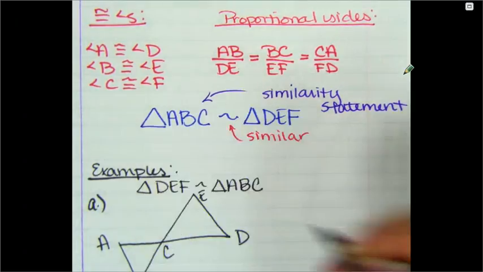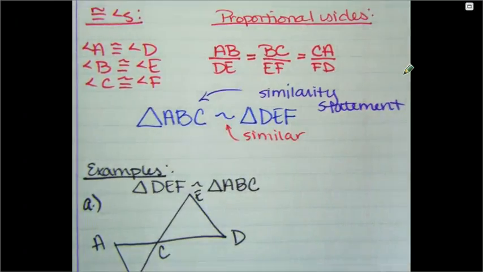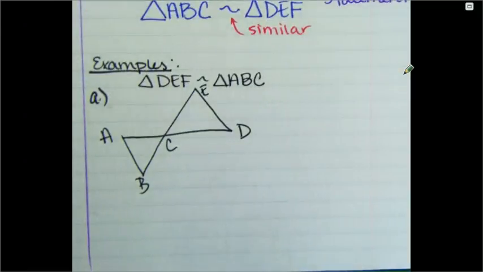Good question. Good question. Okay? I want you to try on your own what we just did at the top. I've already written the similarity statement, so you don't need to do that, but you do need to follow the similarity statement. Okay?